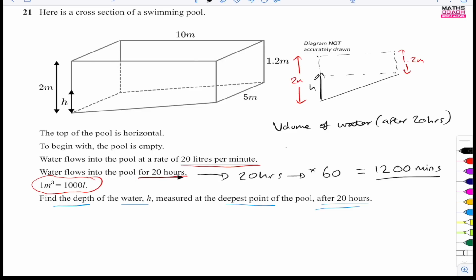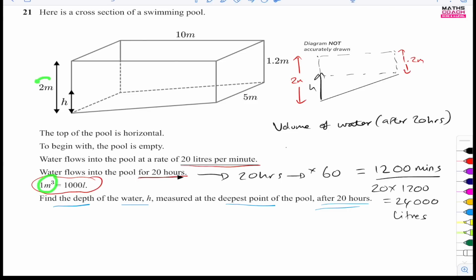And 20 liters is going in every single minute. So now we're going to multiply this 20 by 1,200. So 2 times 12 is 24, and then add the 3 zeros, and you get this much volume. So this is how many liters is in the pool after 20 hours. 24,000 liters. Now, let's convert this into meters cubed.